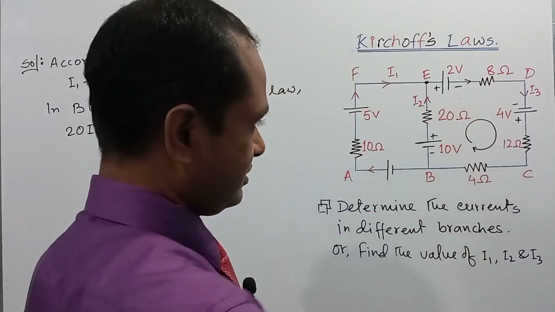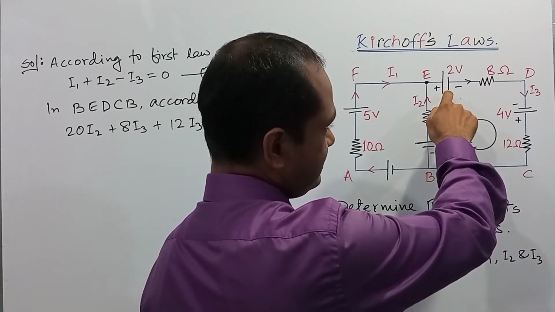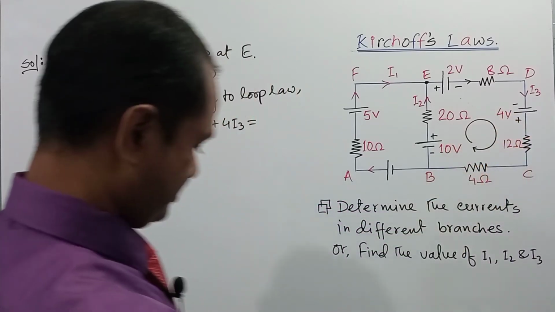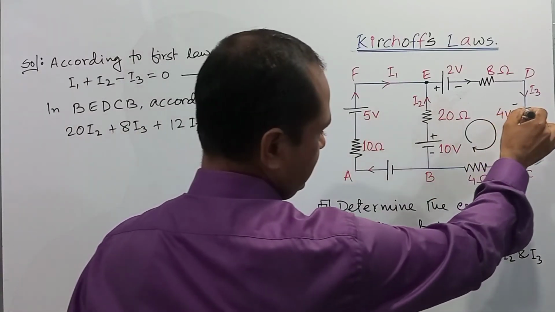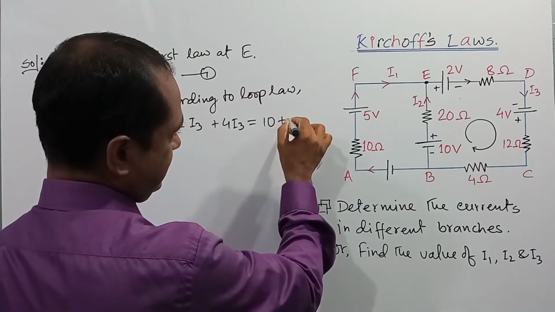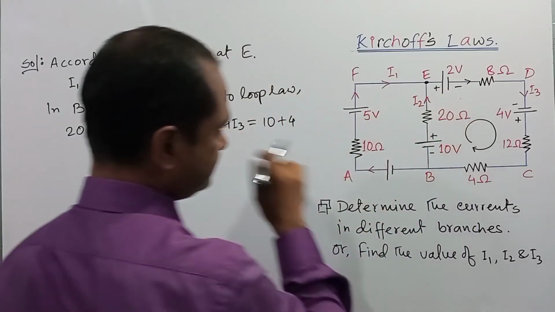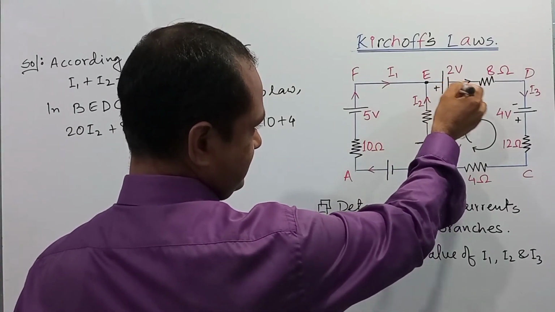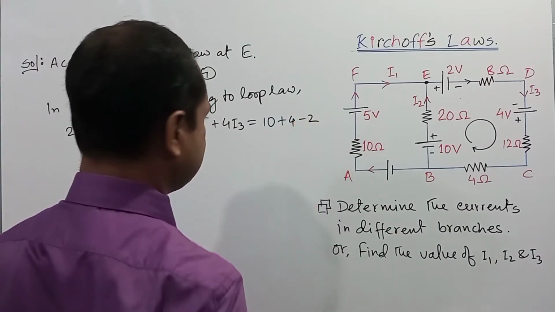According to the convention, the direction of this cell is clockwise, positive, so we add 10, and this one is anti-clockwise, so it will be -2.